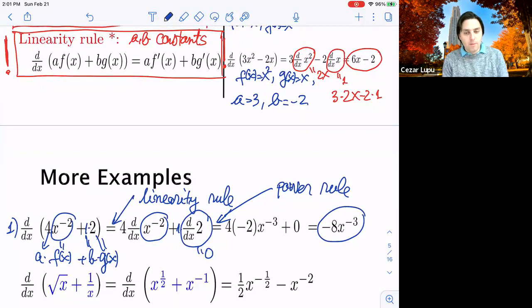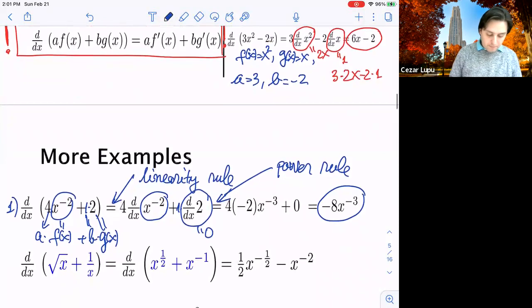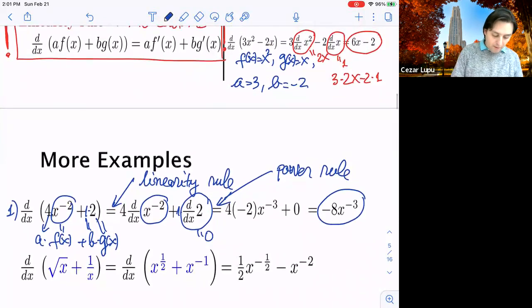So we have another one. You see this time here, we have two functions. This guy here, look, this is f of x, and this guy here is g of x.